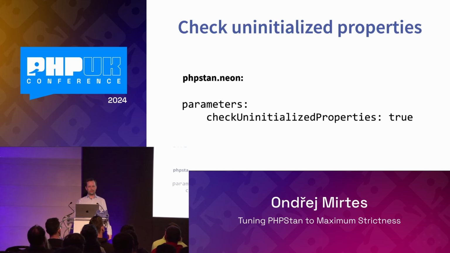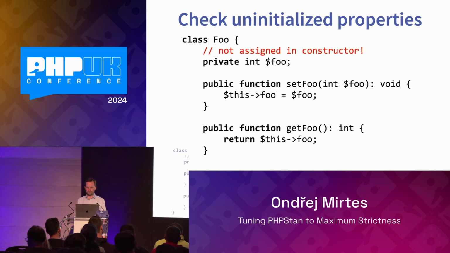So one of them is about checking uninitialized properties. In your configuration file, you can put check uninitialized properties true, and it's going to do something. It's really dangerous to leave properties uninitialized in your code. PHP allows this, but it's not really safe, because if you create this object and you call the getter before you call the setter, you might have a problem on your hands, right?